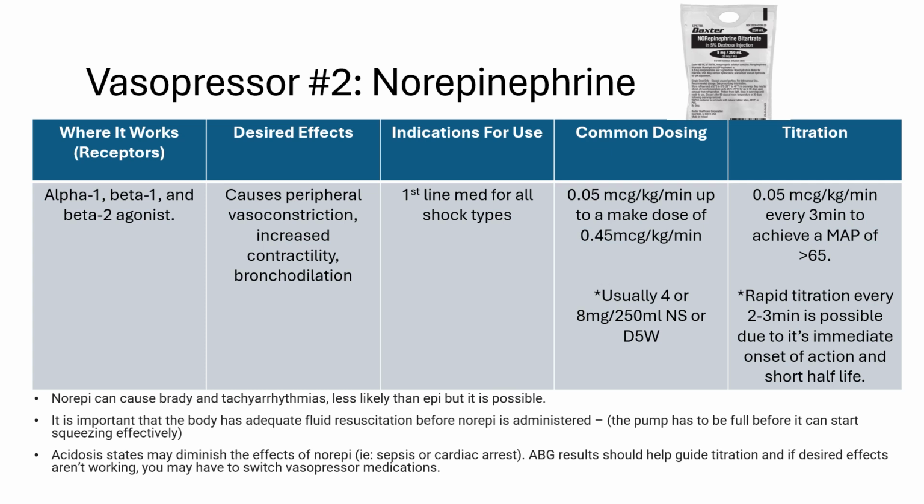But in terms of common dosing, typically it's going to start at 0.05 micrograms per kilogram per minute. And you will go up to a max dose of 0.45 micrograms per kilogram per minute. Now, I will say, I have worked in a couple of different places, and that max dose has certainly been higher.